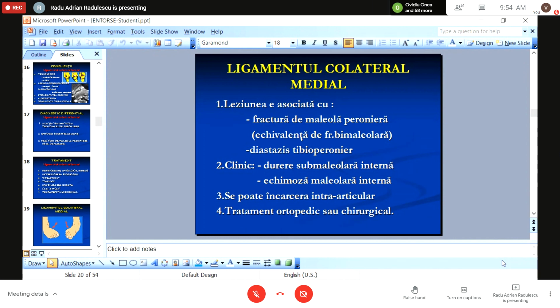The treatment may be by immobilization, the same thing that happened on the lateral aspect in sprains of degree 1 and 2, and maybe surgical, especially when the ligament is entered the joint in the type 3.